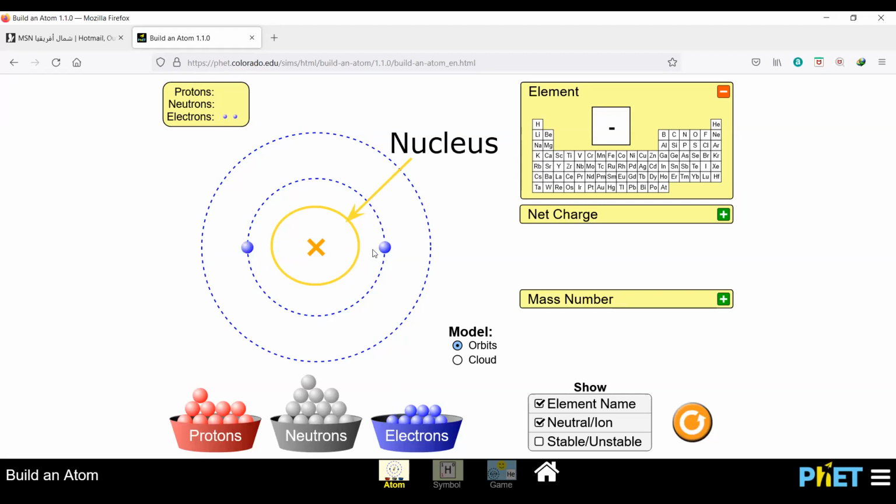The nucleus inside consists of two things: protons and neutrons. It's written here. So mainly I have three kinds of balls. Inside the nucleus I have protons and neutrons, and outside I have electrons.